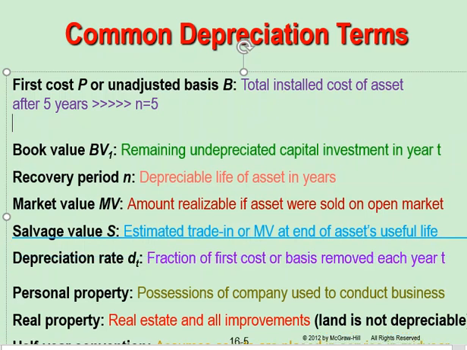But when I say give me the book value at year one, so basically what I'm getting is BV1. How much is BV1? We said it's 18,000, isn't it? So this one here is not n.